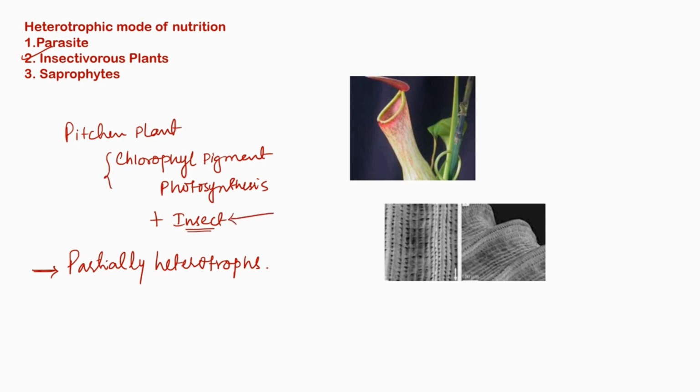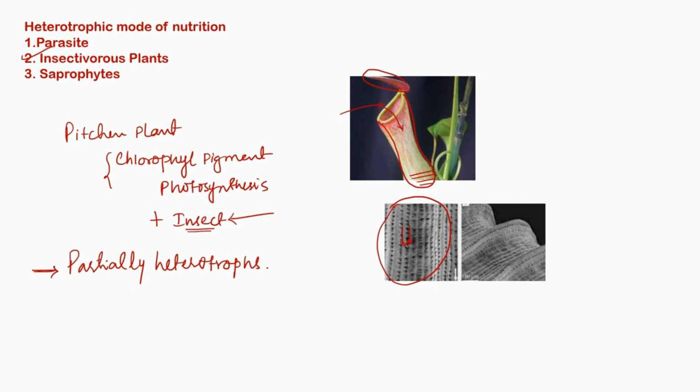Now how they are trapping the insect inside: they have this jug-like structure. Pitcher means jug, a large jug, and they have the lid over here. Once the insect gets attracted by their bright colors, it will slip inside. As this is the inside structure of the pitcher plant, as you can see, inverted thorns are there, so the insect will slip inside. Once inside, they will not come out because the inside surface is very slimy, very sticky.